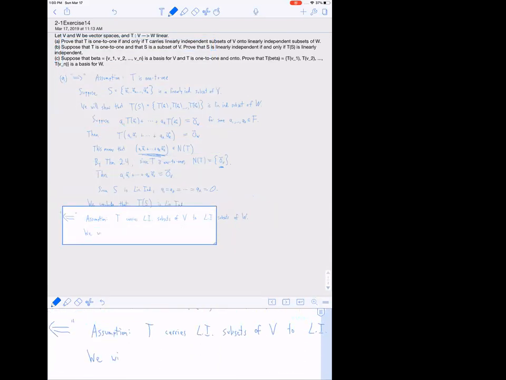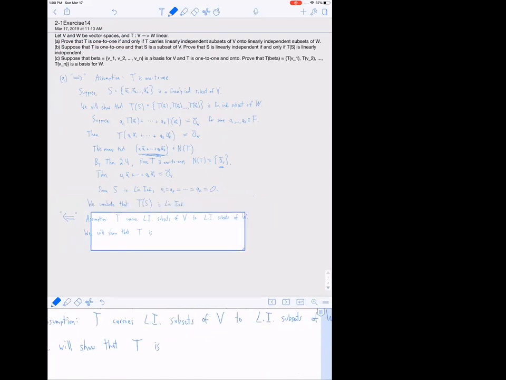We will show that T is 1 to 1. All right, there are a few different ways we could try to do this. One method would be directly. We could try and show that if T applied to one vector equals T applied to another vector, then those vectors would have to be equal.